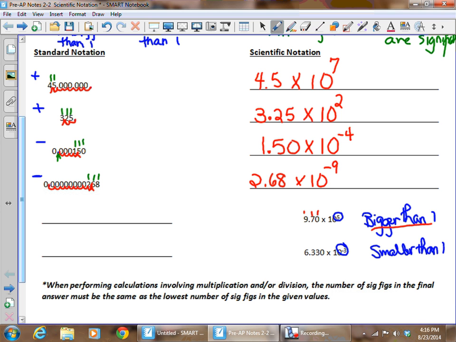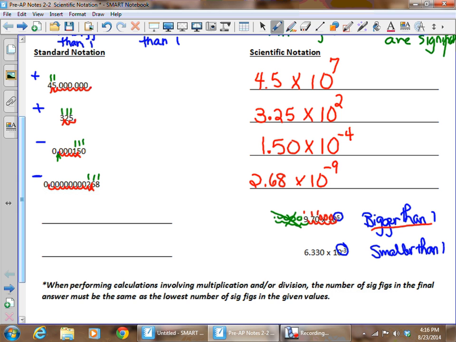If we moved it to the left and came up with a decimal value, yeah, not going to work because that number is going to be much less than 1. We need it to be bigger than 1. So using common sense, we know that the decimal has to be moved 5 places. 1, 2, 3, 4, 5. Replace those with 0, 5 places to the right in order to make it a big number.